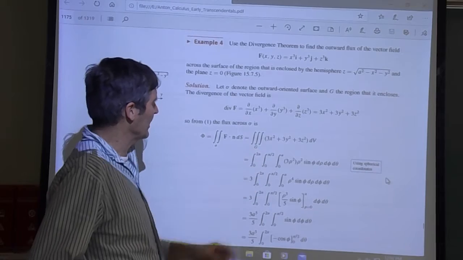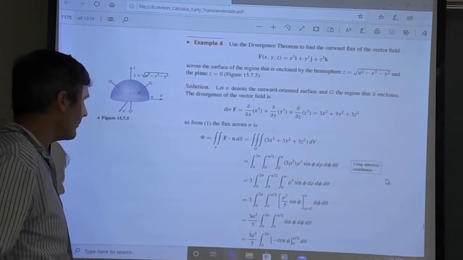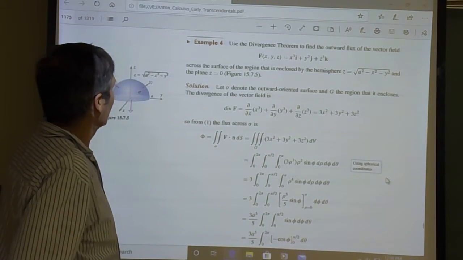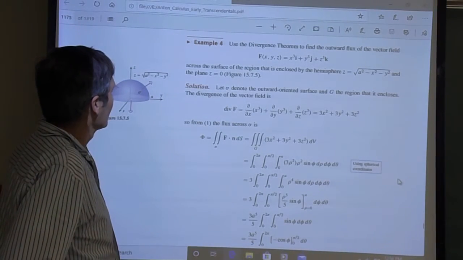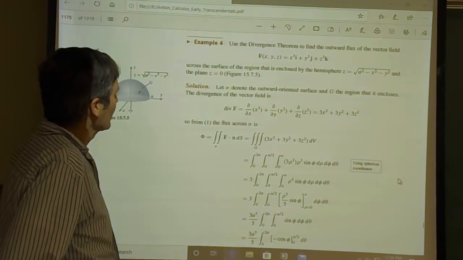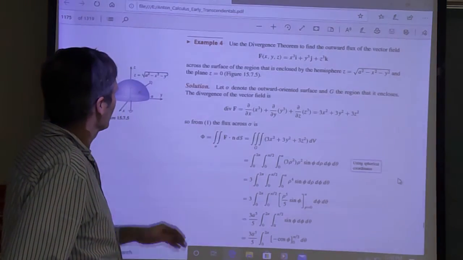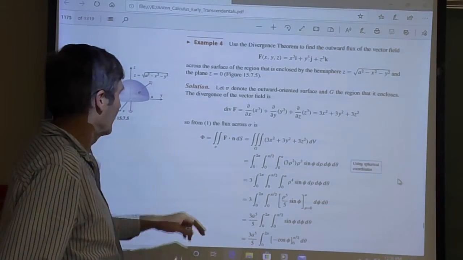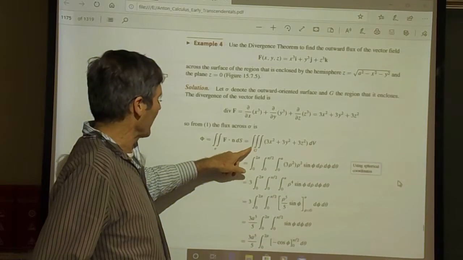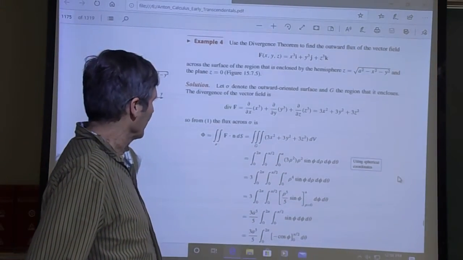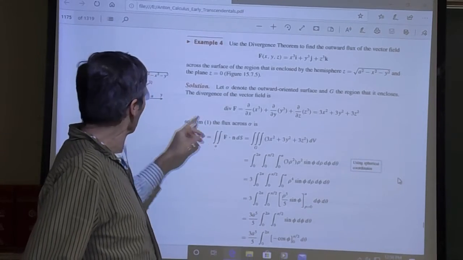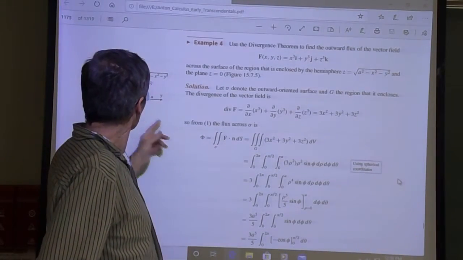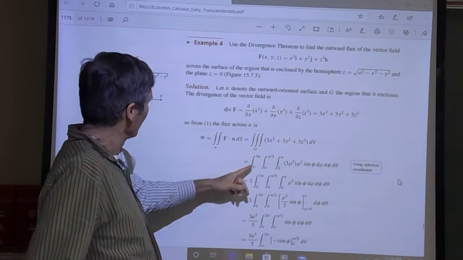And so if we want to evaluate the flux of this field through the hemisphere, we can say that's the triple integral over the solid G enclosed by the hemisphere and the plane down below it. We take this triple integral to evaluate the flux through this surface, including the bottom, with outward normal.